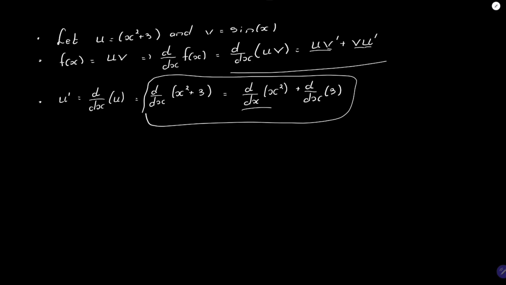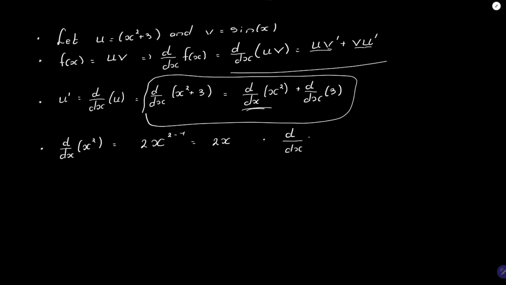So let's move on to this. Recall, what method can we apply to differentiate x squared? The method we can apply is the power rule. So the derivative with respect to x of x squared is the same thing as 2x to the power 2 minus 1, which gives us 2x. Let's move on to the next term.